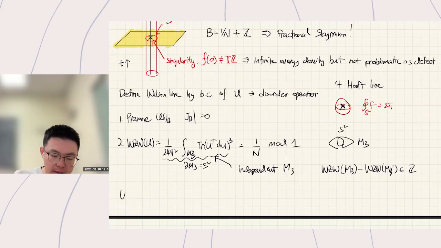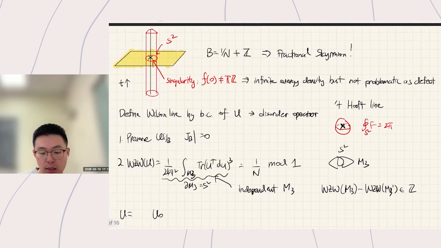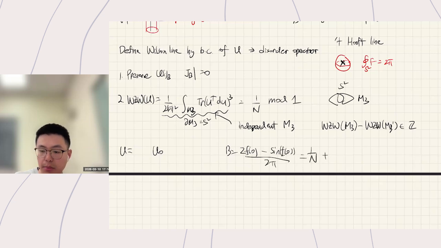What we do is we just take the original skyrmion ansatz that we had here, and then we pick a particular f0 such that it solves the following equations that require that the skyrmion number is always 1 over n plus some integers.